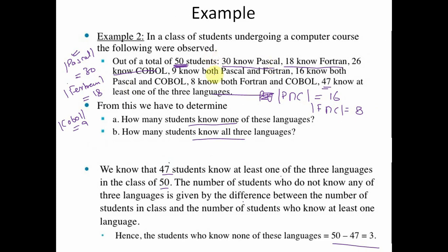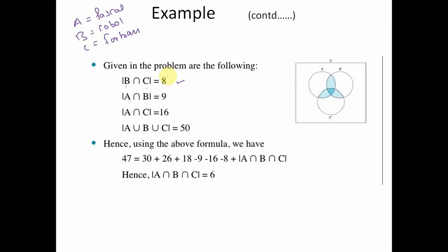It simply says 9 know both Pascal and Fortran, 16 know both Pascal and COBOL, and 8 know both Fortran and COBOL, right? So that is given over here. 8 people know COBOL and Fortran, 9 people know Pascal and COBOL, and 16 people know A and C, Pascal and Fortran.